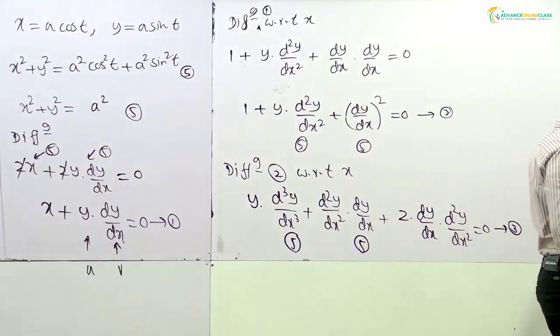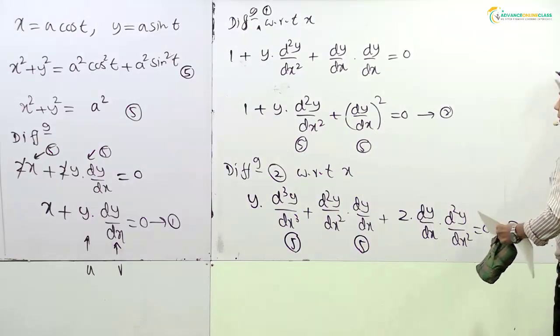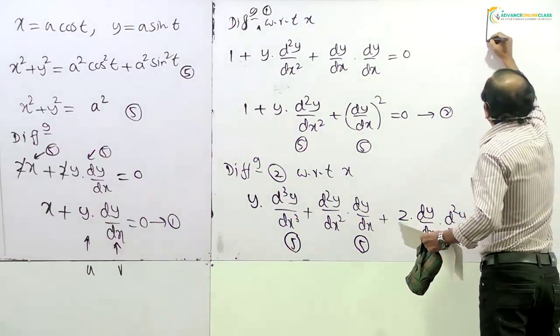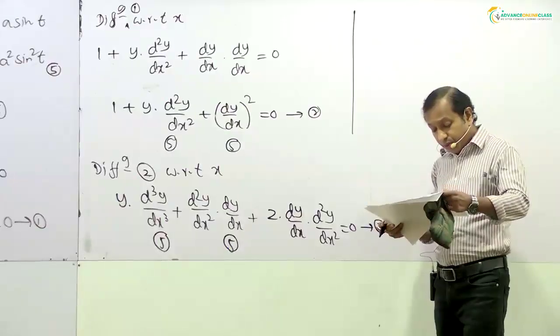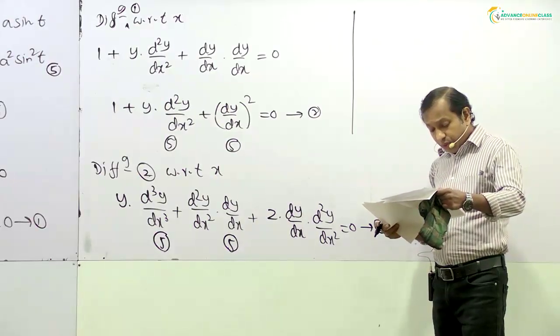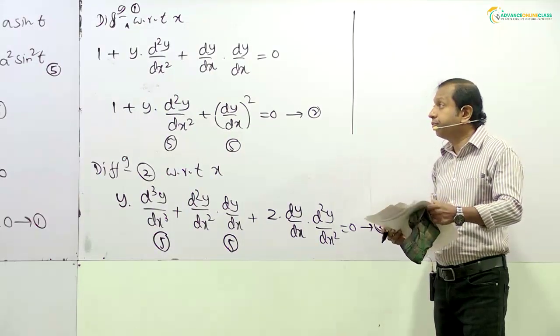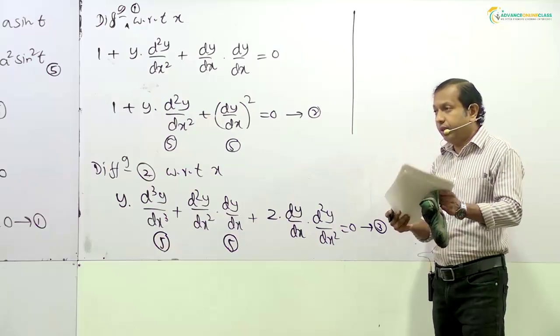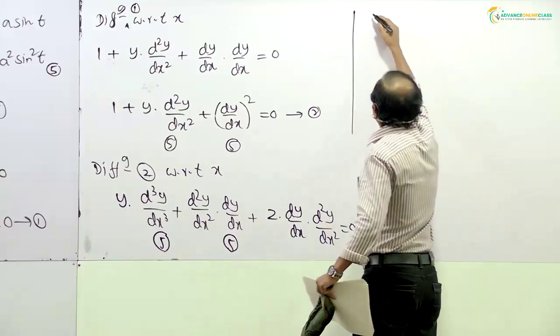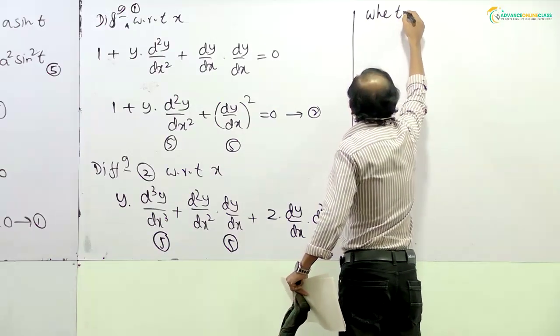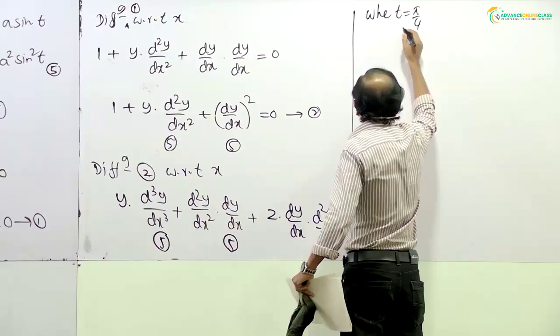Now the third derivative only we need. We are asked for the third derivative value when t equals pi by 4. Let us find first x.